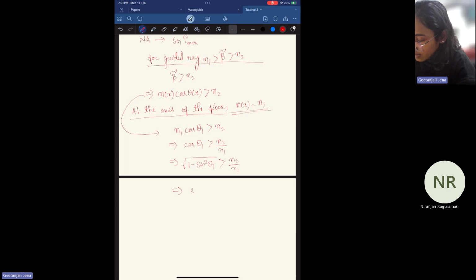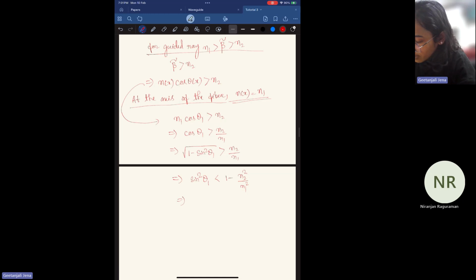If you rearrange it, it is sine square theta 1 less than 1 minus n2 square over n1 square. So that means n1 square sine square theta 1 is less than n1 square minus n2 square. And here you can use Snell's law.